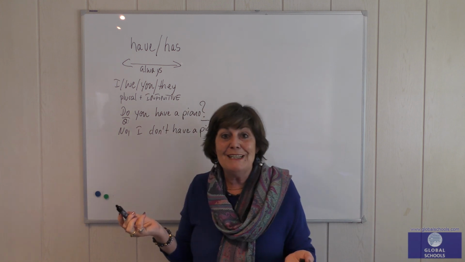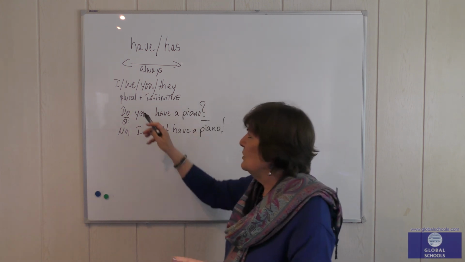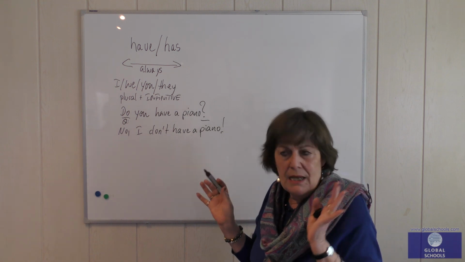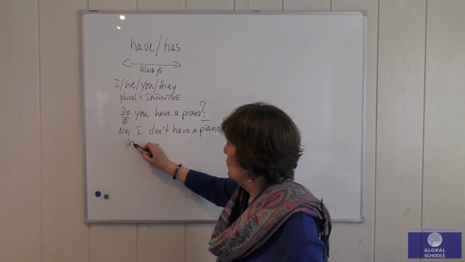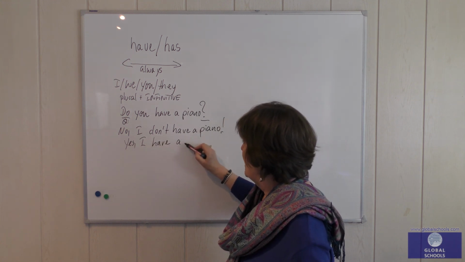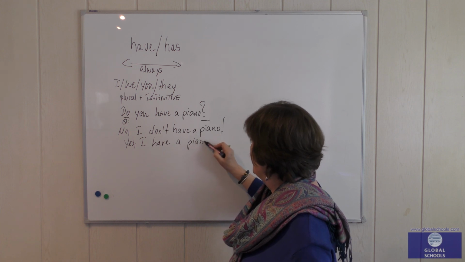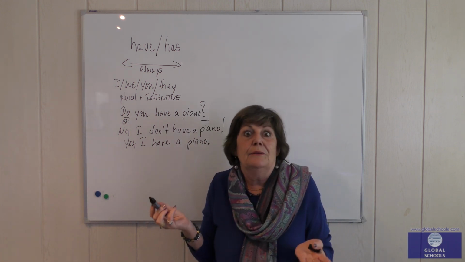You see, very easy, baby. No S. Don't worry about the S right now because we're talking about I, you, we, they. It's all the same, but yes, of course, I have a piano. So you see, either you have a piano or you don't have a piano.